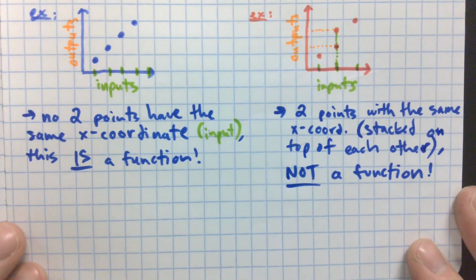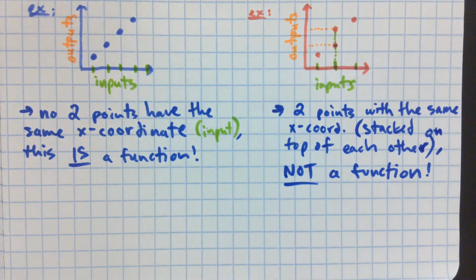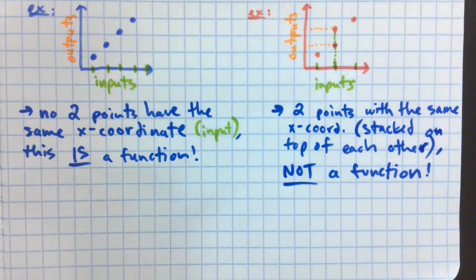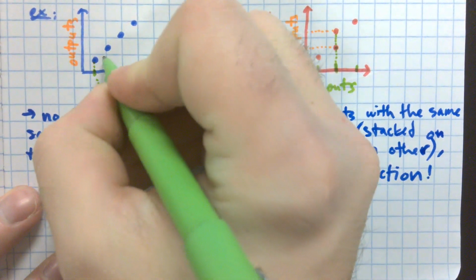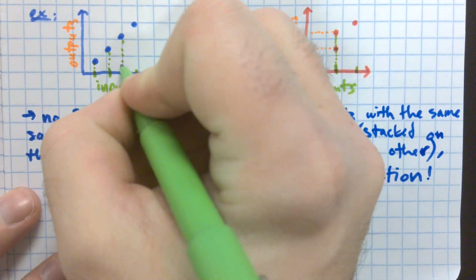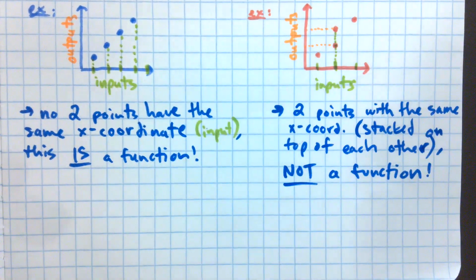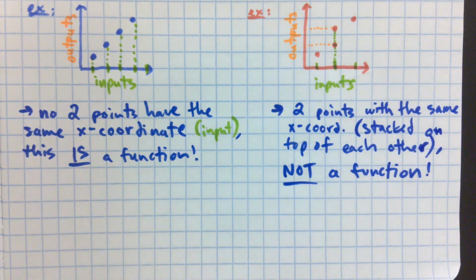So those are our 2 graph examples. If we see a graph, even if it's not a straight line, it doesn't have to be a straight line, if all of our points have different inputs or x coordinates, then it's a function.